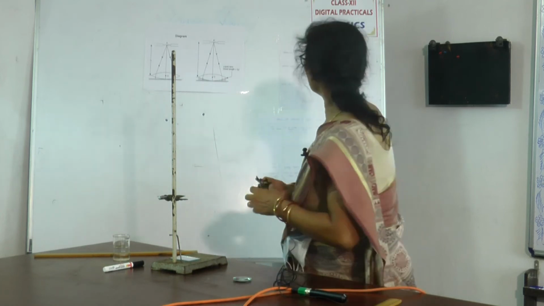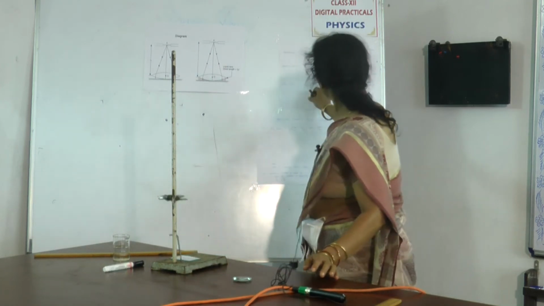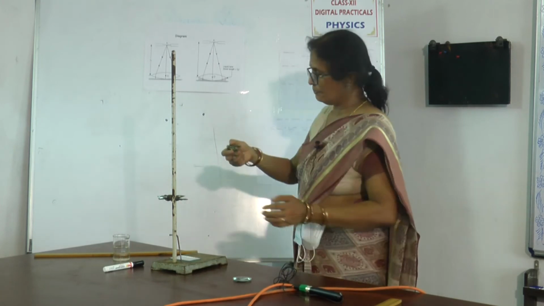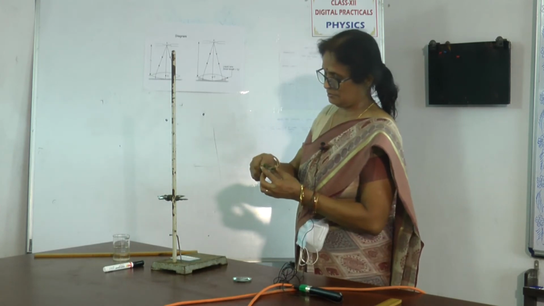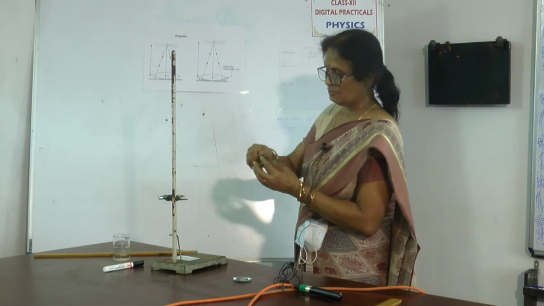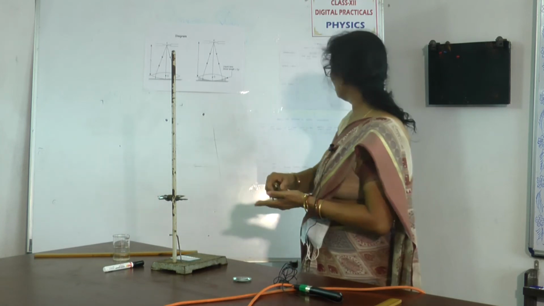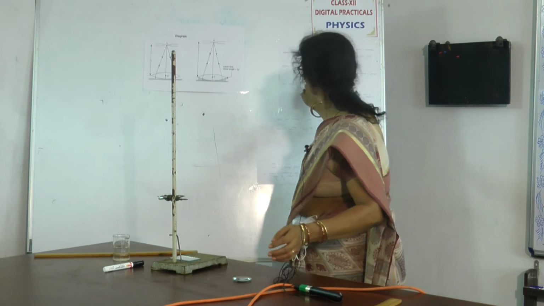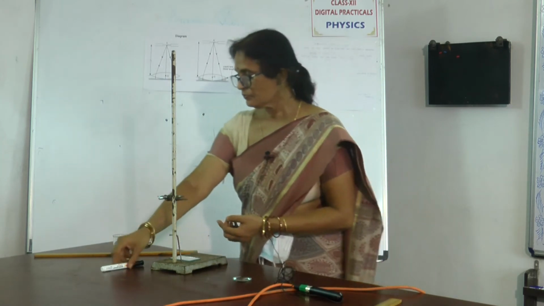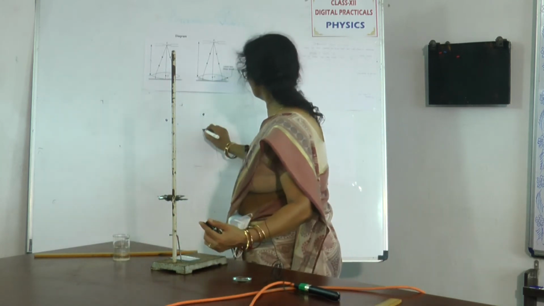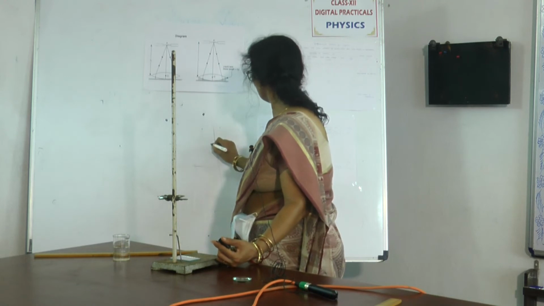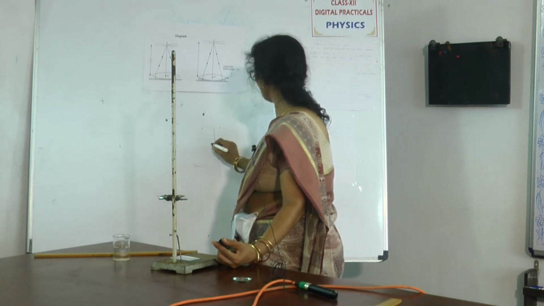For that, we have to take pinpricks. We place the legs on the plain paper and just press it. Mark the 3 positions. The pins are pricked on the paper, so we mark these 3 points.